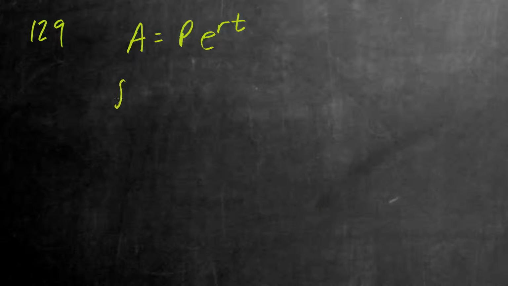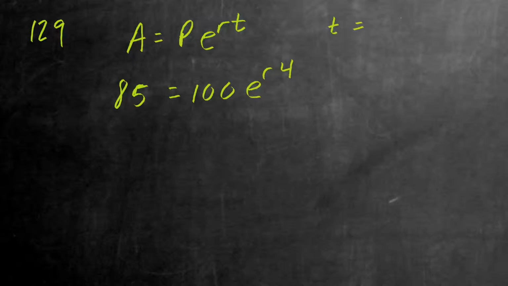So if the amount I ended up with was 85, and my initial amount was 100, e to the r, and I have 4 hours, so t is in hours this time, not days or years or whatever. We can go ahead and solve this guy.